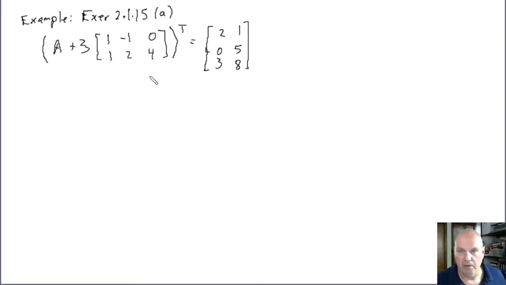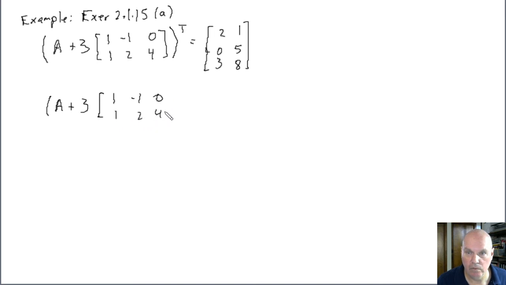There are a couple different ways that you could work through this. Here we've got the transpose of a sum, so I could write this as the sum of the transposes. I'm going to use the other property where I just take the transpose of both sides, and the transpose of a transpose is equal to the original matrix. So on the left-hand side, I'll have A plus 3 times 1, -1, 0, 1, 2, 4.